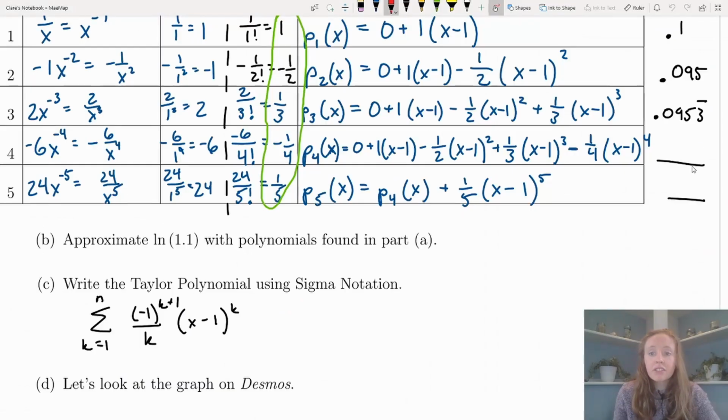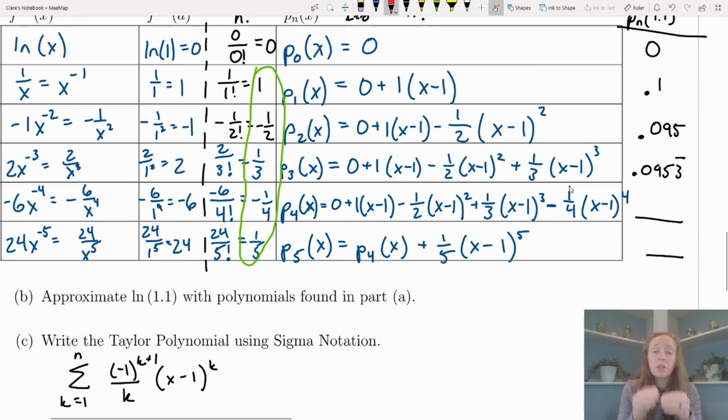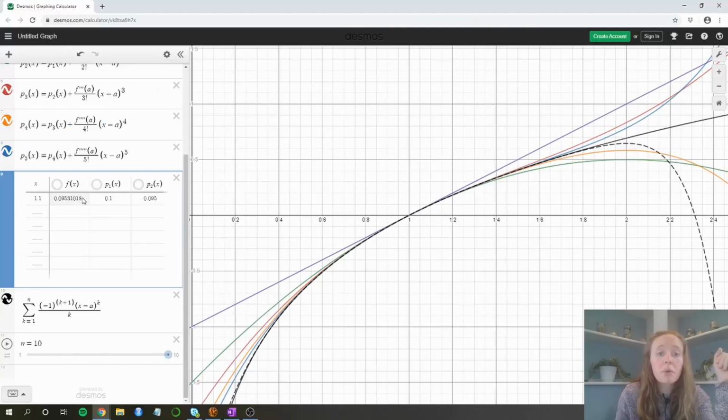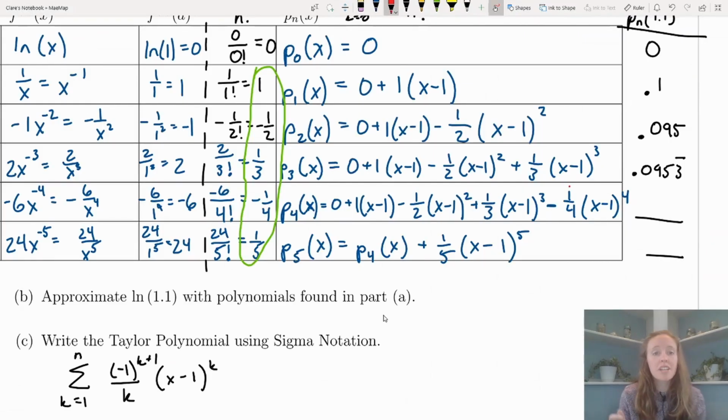So feel free to fill in our fourth degree approximation and fifth degree approximations, showing how it becomes closer to that actual value of the ln of 1.1, which was 0.0953118. So hopefully walking through this example gave you a little bit more of an understanding of Taylor polynomials, and we'll expand upon this in later lessons and in later examples.